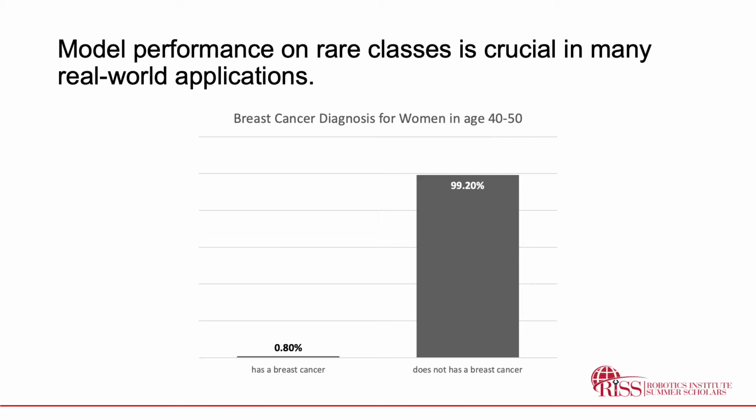High recognition accuracy on rare classes is often crucial in various real-world applications, such as autonomous driving and cancer cell recognition, where more than 99% of the tests are negative, as shown in the plot.